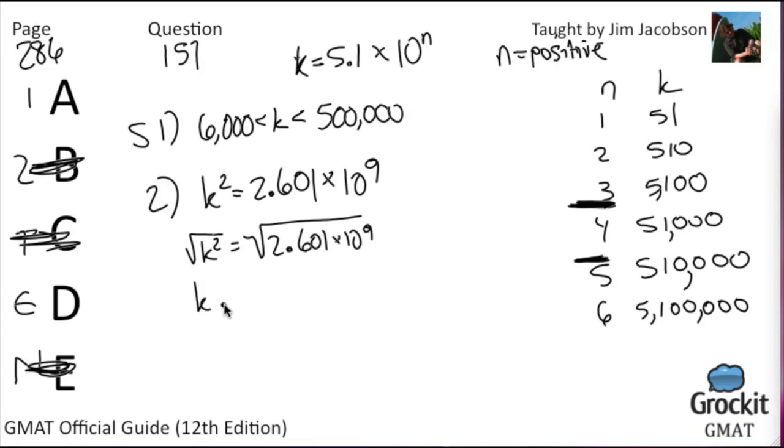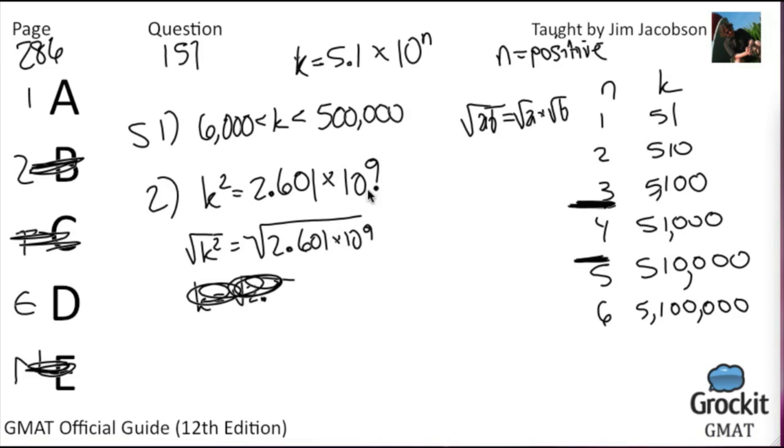So clearly this is going to be k equals, and remember, the square root of a times b equals the square root of a times the square root of b. So we can separate out the two elements of the scientific notation. So that's the square root of 2. Well, no, let's not do that first. First, let's get rid of the decimal.